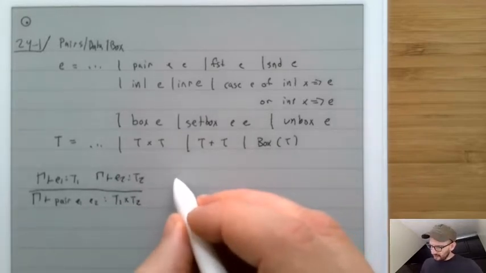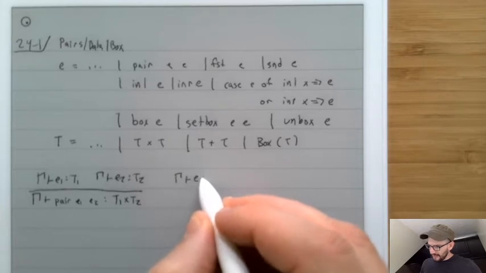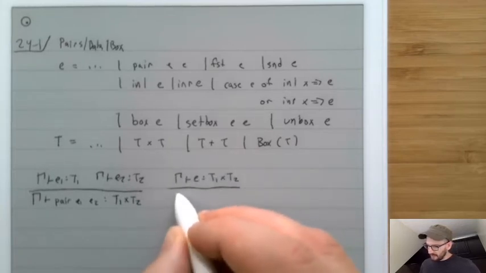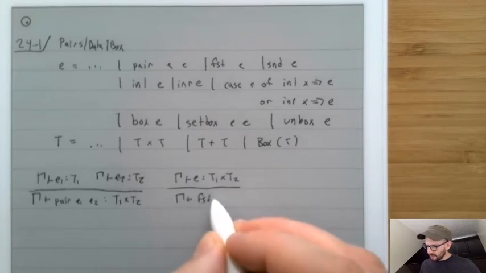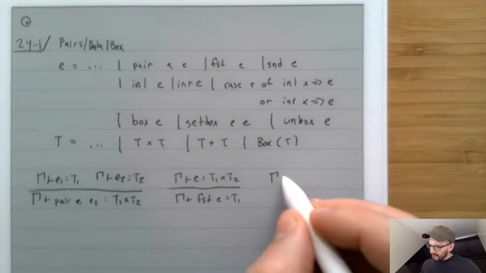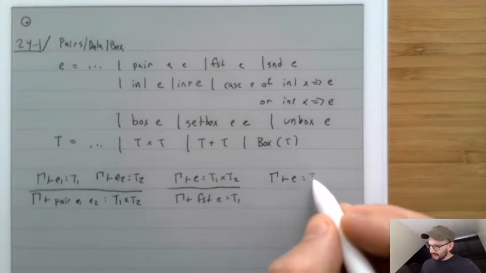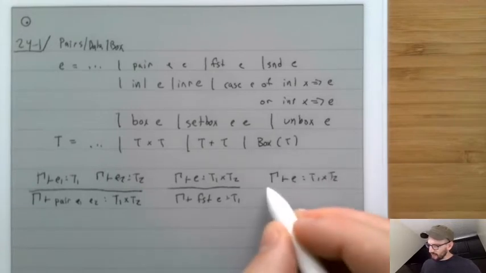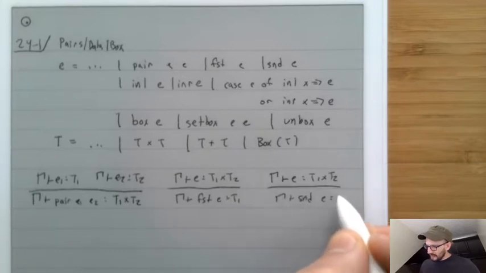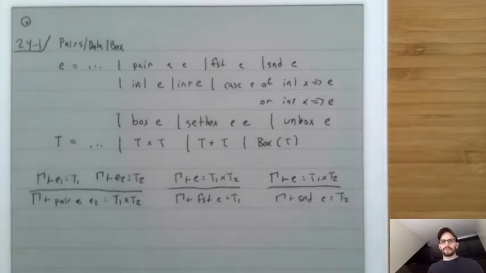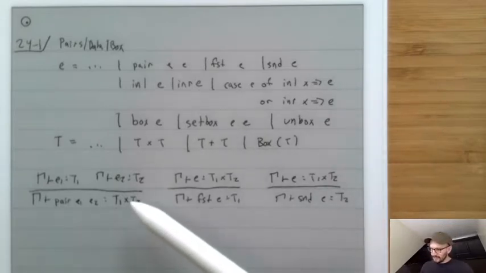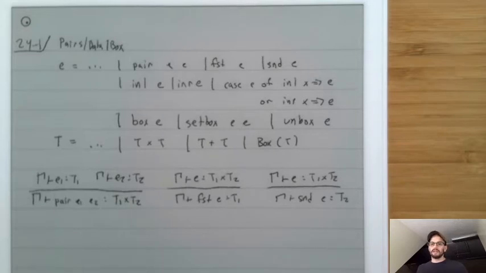Then we'll say that if gamma proves that E has type T1 cross T2, then gamma proves that first E has type T1, and if gamma proves that E has type T1 cross T2, then gamma proves that second E has type T2.